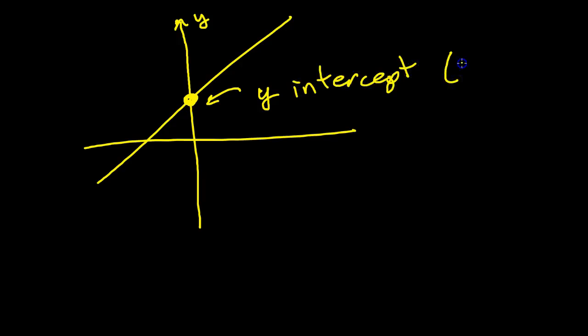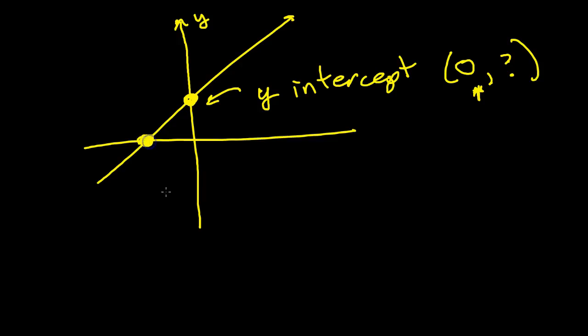Now, a y-intercept will always have an x-coordinate of 0. The y value, I suppose, could be anything depending on where it hits the y-axis. The x-coordinate of a y-intercept is always 0. Always, okay? That's how you can recognize a y-intercept from a table of values.